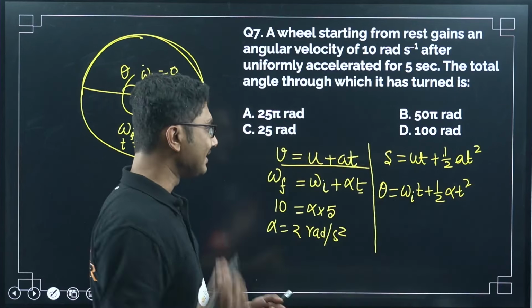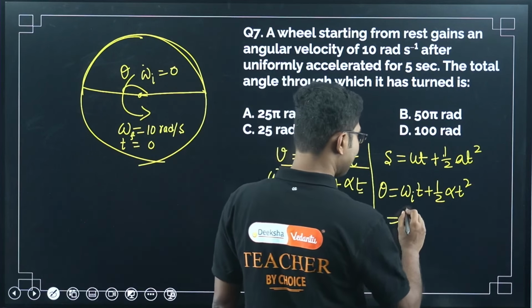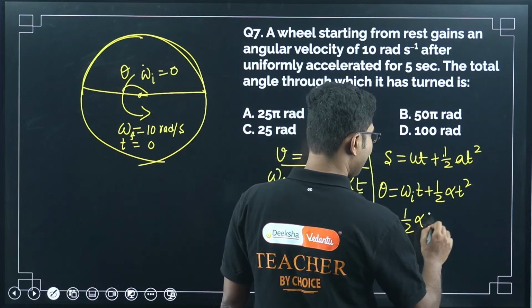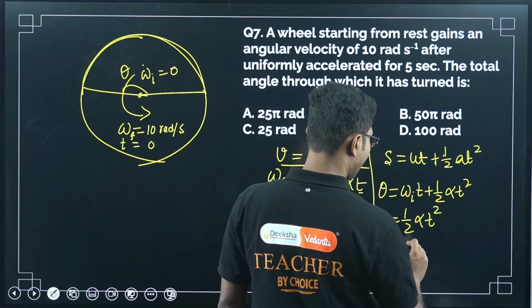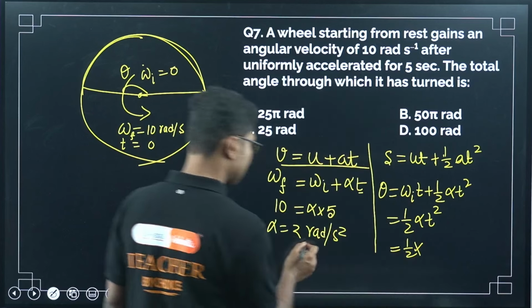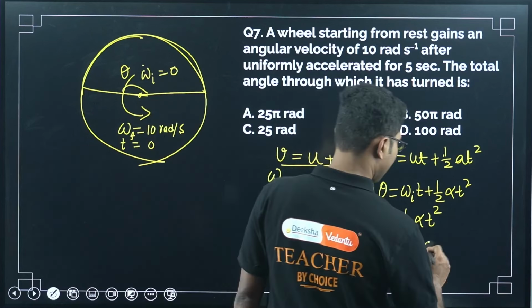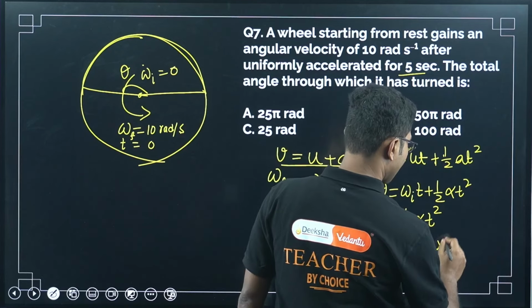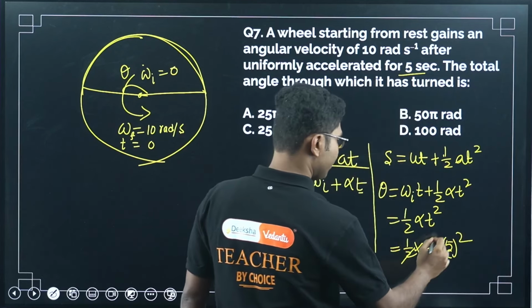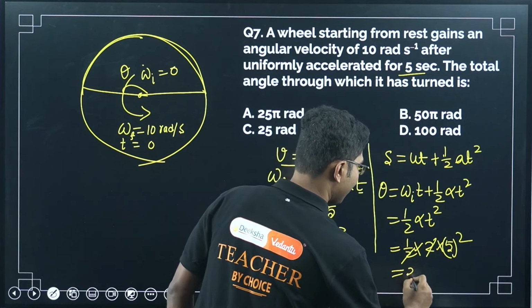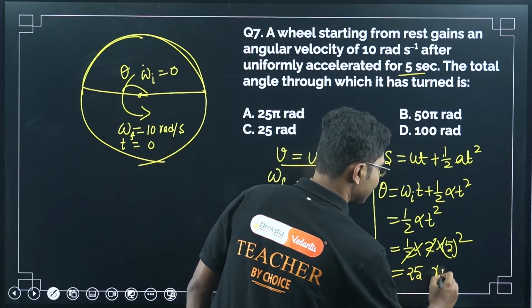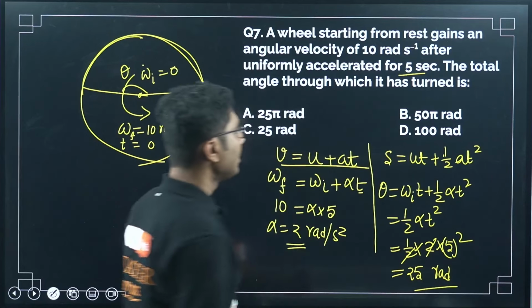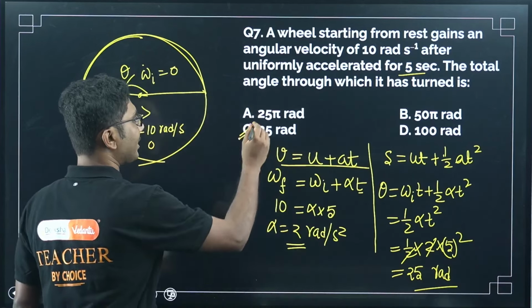Now omega initial is 0, so only thing that is left is half alpha t square. Alpha we have calculated is 2. Time is given as 5 seconds, so 5 square, these two cancel, so it will be 25 radians. So the correct answer is 25 radian.